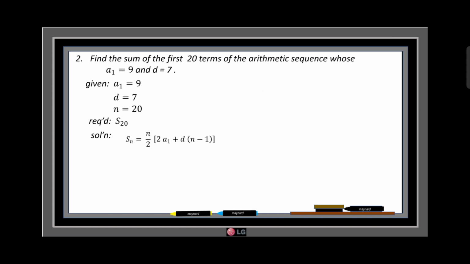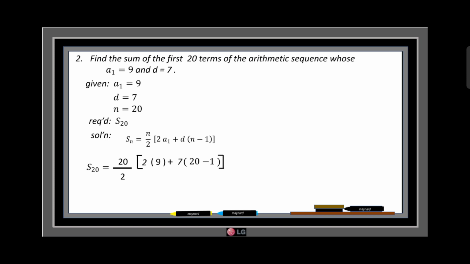So, ayan na siya. Substitute na lang natin yung mga given values. So, S sub 20 is equal to, ang n natin ay 20 divided by 2, open bracket, 2 times A sub 1 natin ay 9 plus the common difference na 7 and then the quantity of 20, yun yung n natin, minus 1.